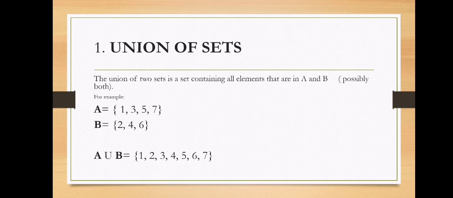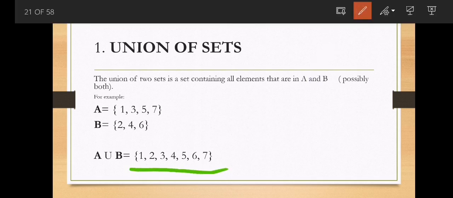Letter B is 2, 4, 6. Then A union B is 1, 2, 3, 4, 5, 6. So ikakopy lang natin ang lahat ng elements sa A at B.